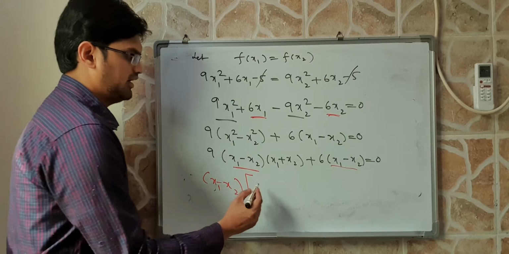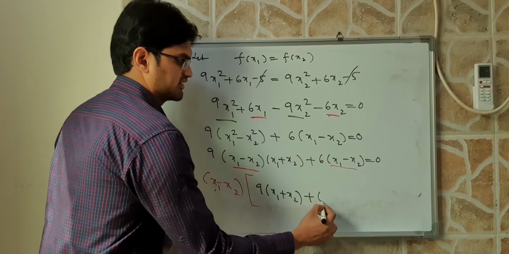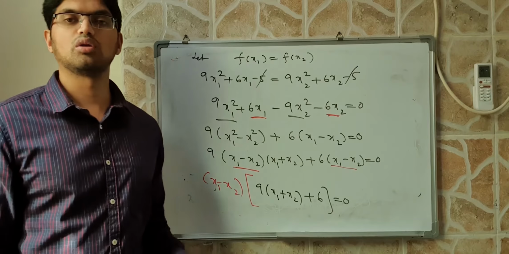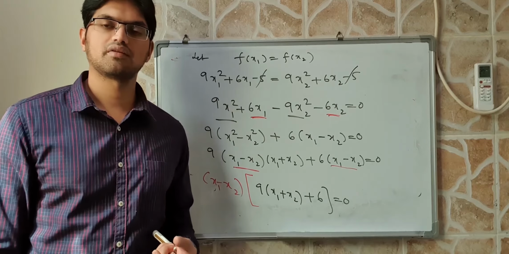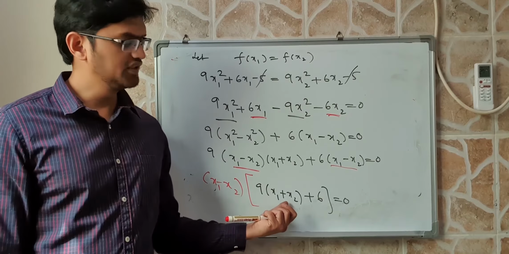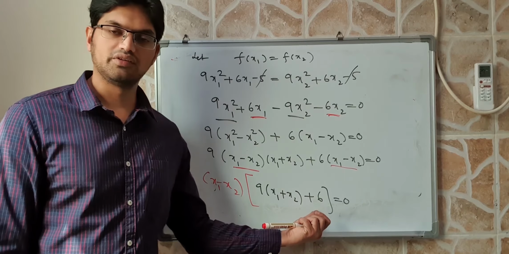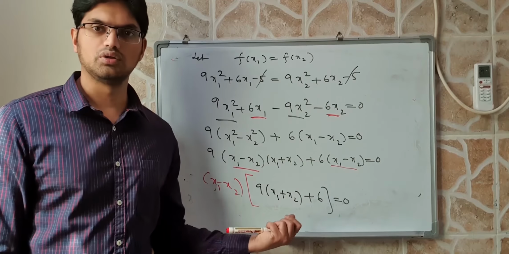It is 9 times (x1 plus x2) plus 6, and this is equal to 0. Now once again, the same argument: x1, x2 are coming from where? From positive real numbers. So 9 times this is also positive. Again you add 6 to that, so this entire thing will be positive only.